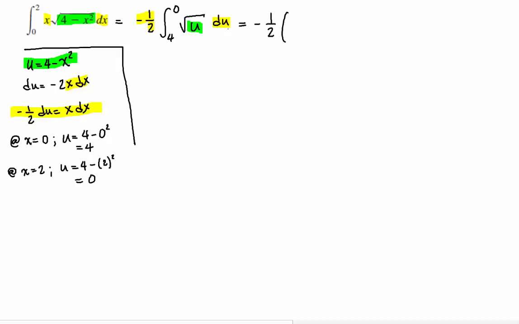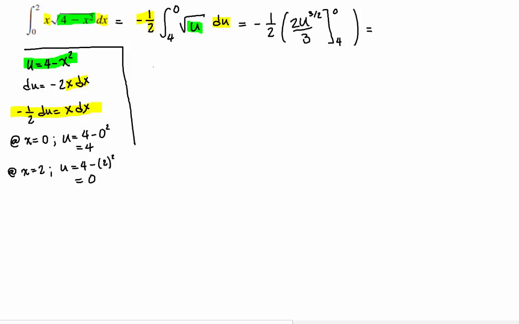So we calculate the antiderivative, which is going to be u to the 1/2 plus 1, so 3/2, divided by 3/2, or times the reciprocal, which is 2/3. And I am going to evaluate it between 4 and 0. Yeah, I know I'm going backwards, but that's what it is.